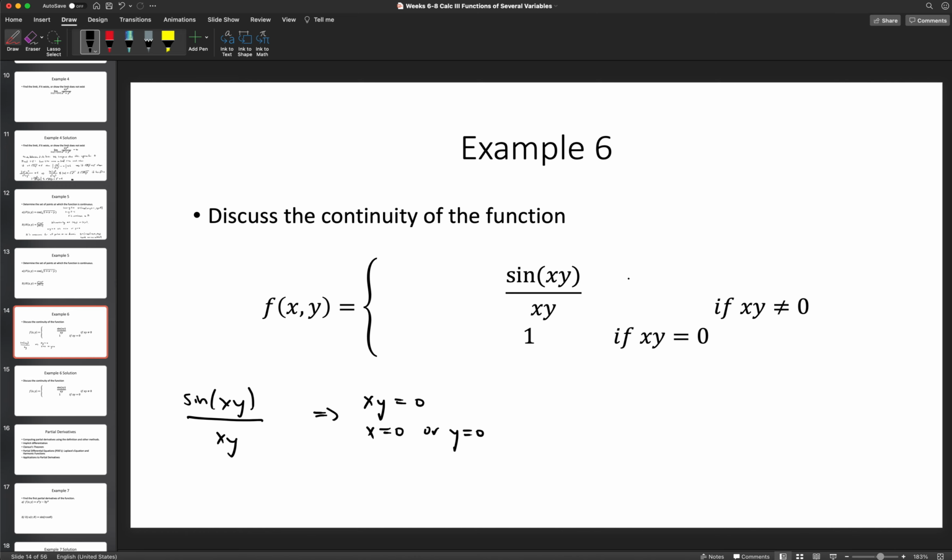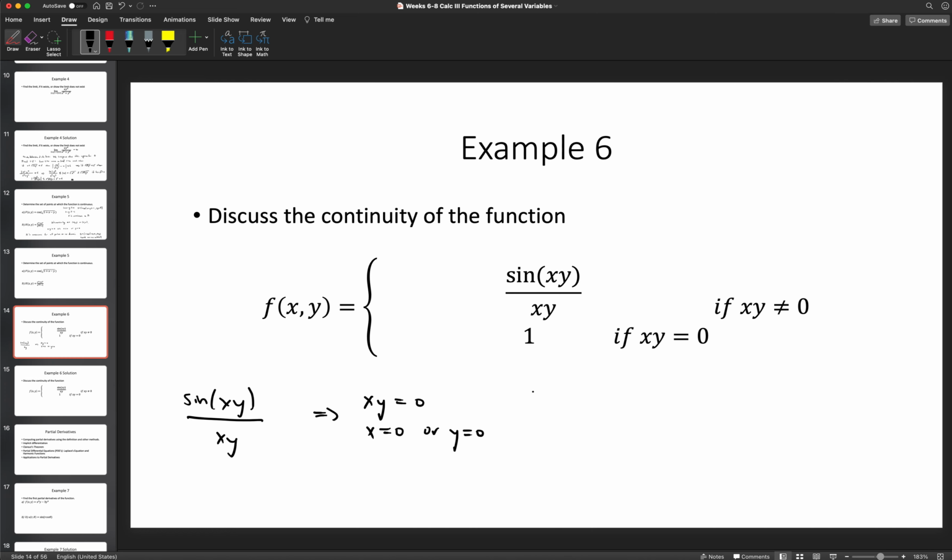The first part is defined when x and y are not 0. So this first part, sine of xy over xy, is continuous on its domain, which excludes the points where x times y equals 0. That's kind of the point here, that this is continuous on its domain given this condition.